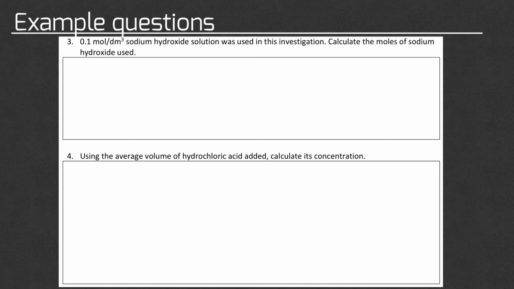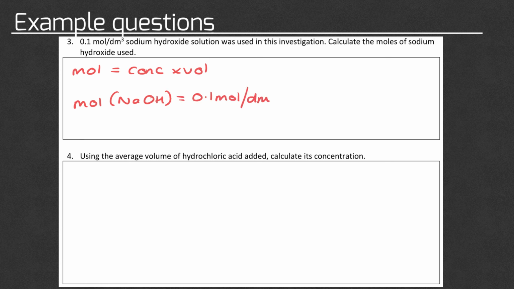Question 3 says 0.1 moles per decimetre cubed of sodium hydroxide solution was used in this investigation. Calculate the moles of sodium hydroxide used. The first step will be to write out our equation linking moles, concentration and volume, which is moles equals concentration times volume. We would then sub in the values from the question, so the moles of sodium hydroxide equals 0.1 moles per decimetre cubed, which was given in the question, times 25 centimetres cubed divided by 1000.